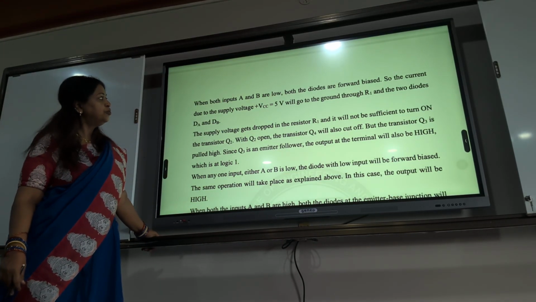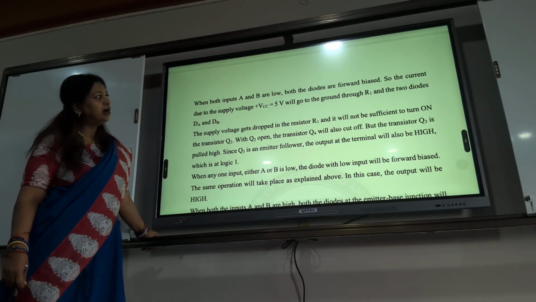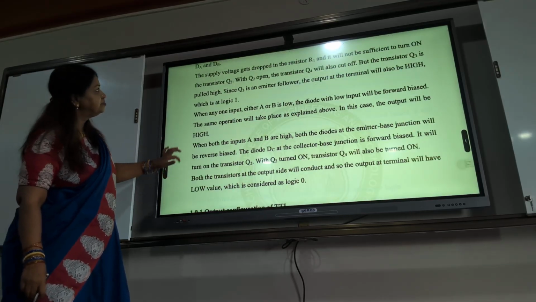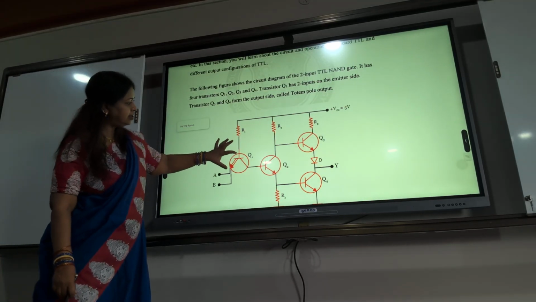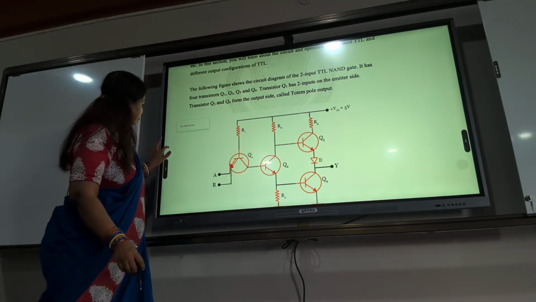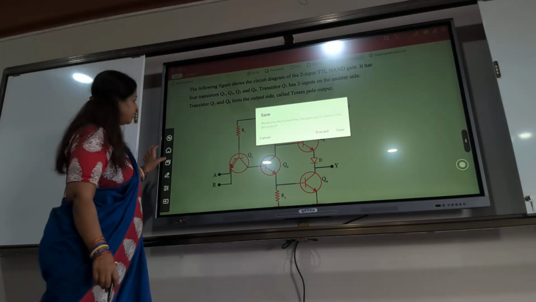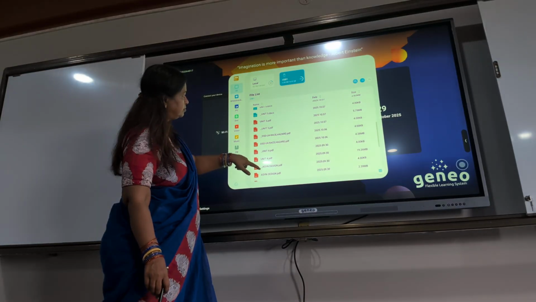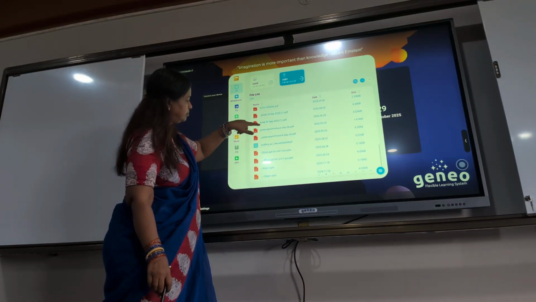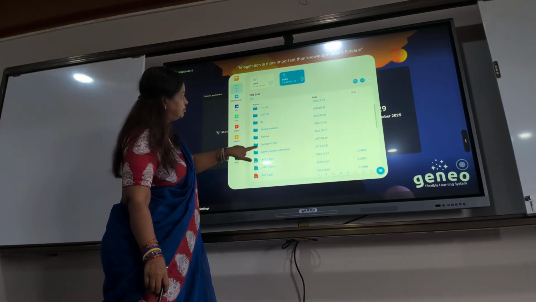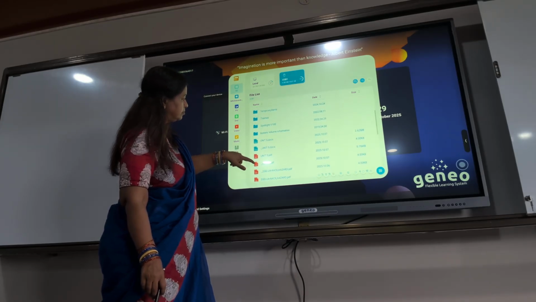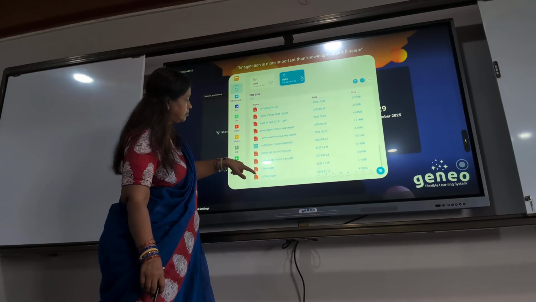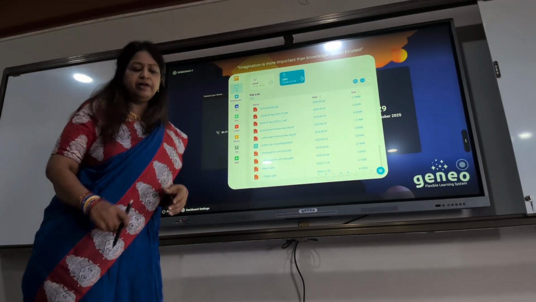So the current due to the supply voltage will go to the ground through R1 and the 2 diodes. I will take my example.